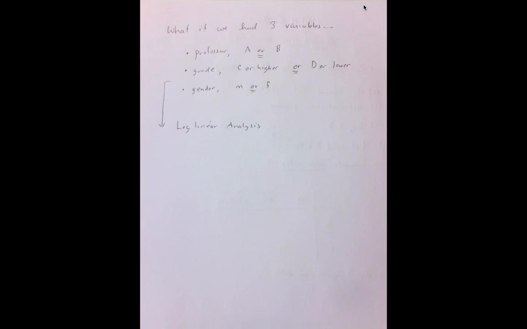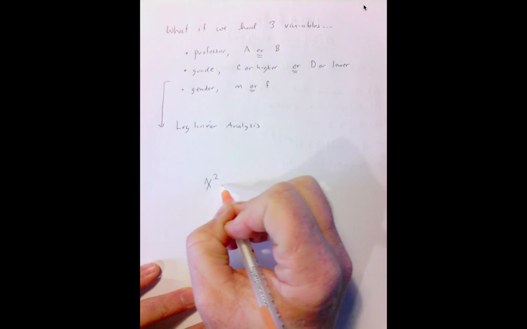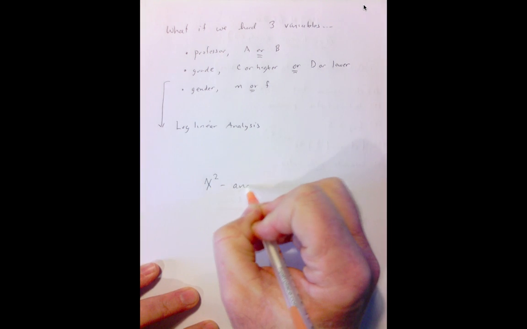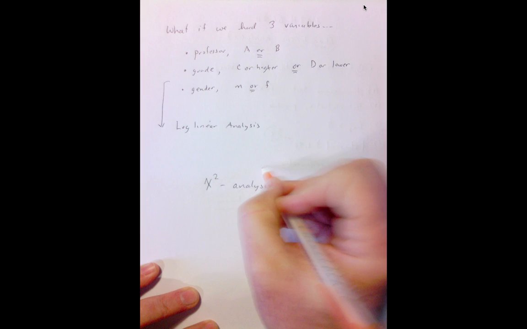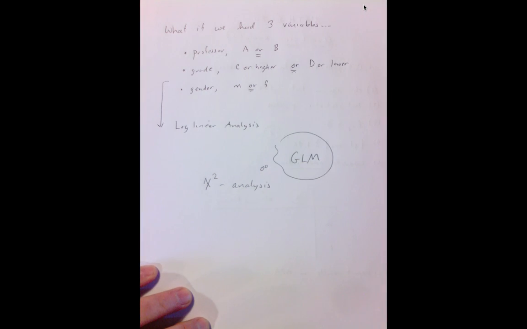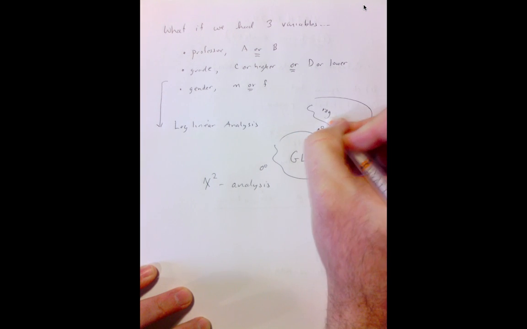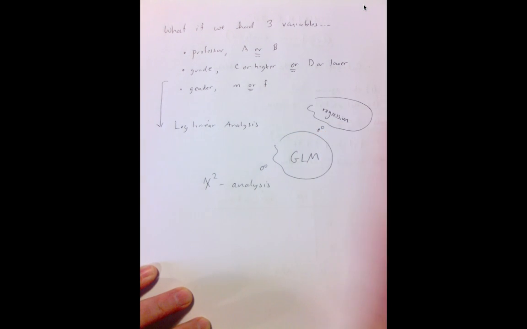Okay? Now, the general strategy that we implement in log linear analysis becomes clear if we think about our chi-square analysis as a general linear model. So we've got this chi-square analysis that we looked at in the previous video. I want you to think about this more broadly in terms of a general linear model, even more so in terms of regression.